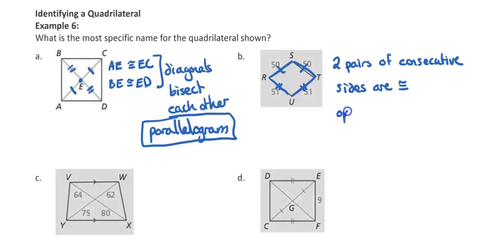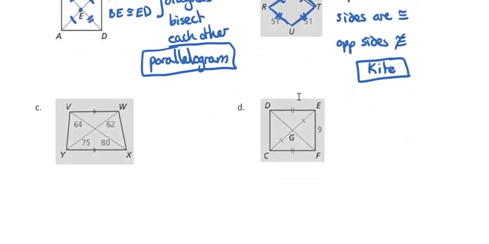And also for the record, opposite sides are not congruent. So since it is like that, that would be a kite. We had to also state that opposite sides were not congruent, because if I knew that consecutive sides were congruent and opposite sides were congruent, basically I'd have a rhombus.